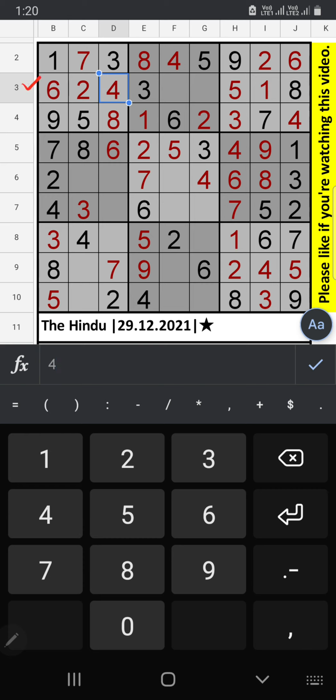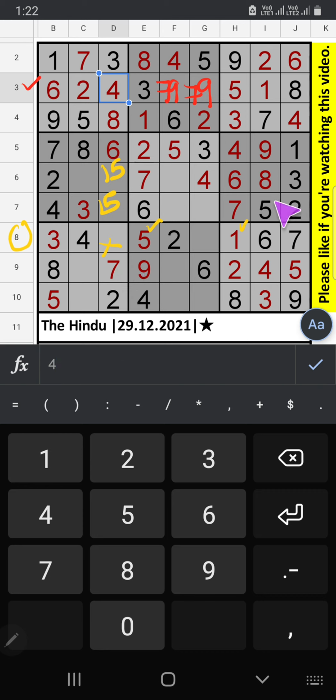Third row, two numbers are remaining, 7 and 9. We will confirm later. 8th row, we have 5 and 1, so it can't come in this cell. Then 1 and 5 will be both the cells.